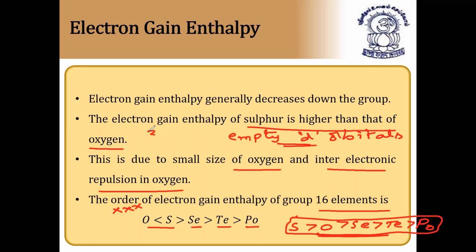Because sulfur configuration is 3s2 3p4, and since it has principal quantum number 3, it has an empty d orbital. So it can attract more electrons. Electron gain enthalpy generally decreases down the group, but in this case it is slightly different because sulfur has empty d orbitals, and due to the small size of oxygen and inter-electronic repulsions in oxygen, sulfur has more electron gain enthalpy than oxygen. I hope it is clear.